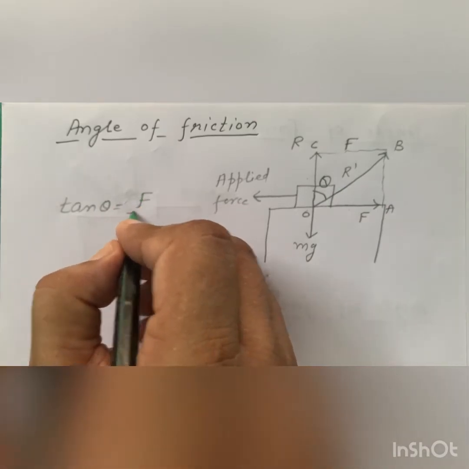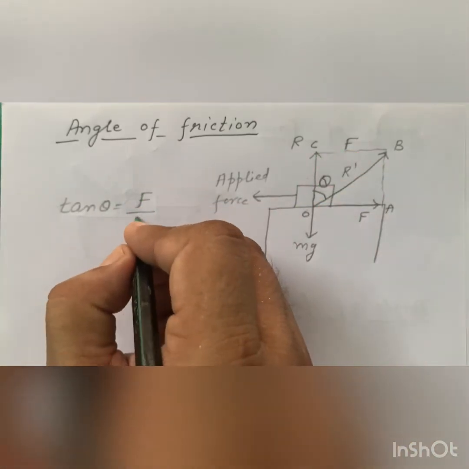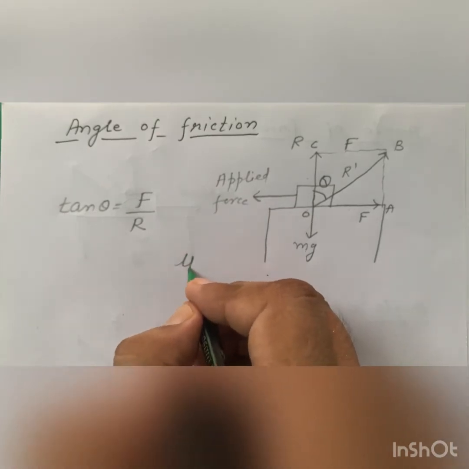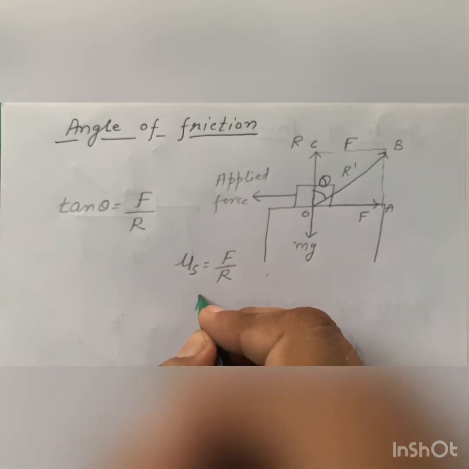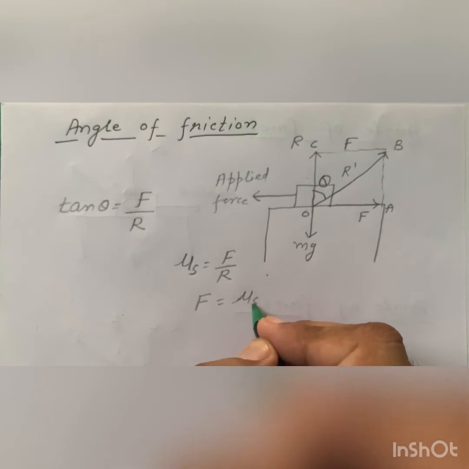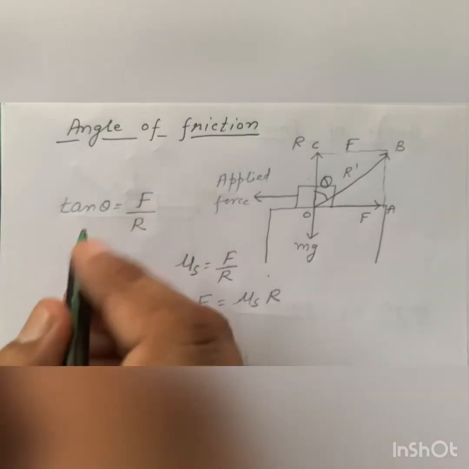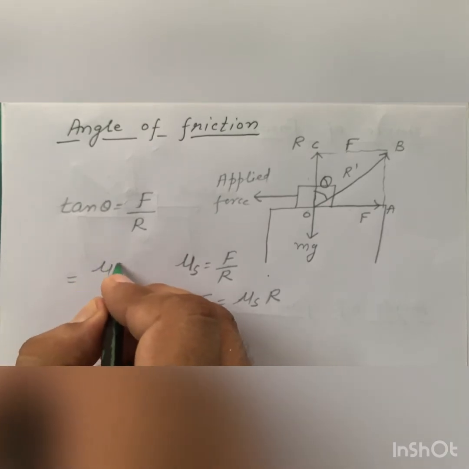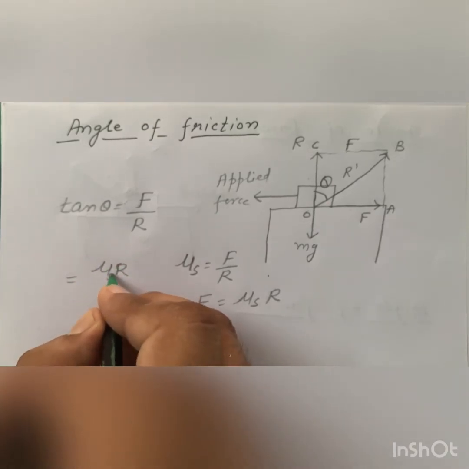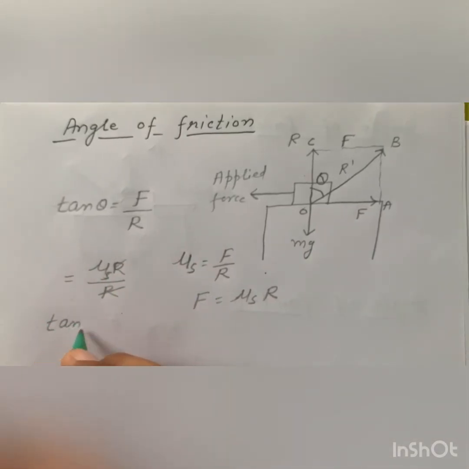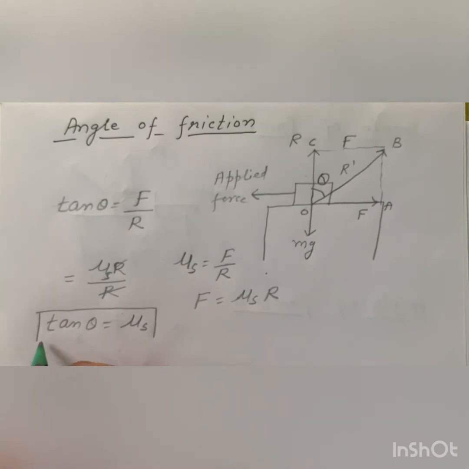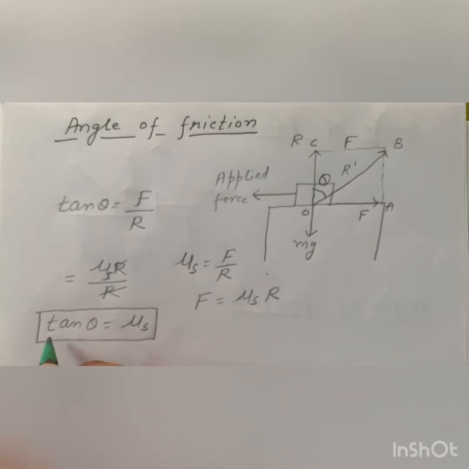Perpendicular is F and base is R. We know that coefficient of friction is F over R, or F is equal to mu S R. We put the value of F here, we get mu S R over R. R cancels, so tan theta equals mu S. So the coefficient of static friction is equal to the tangent of the angle of friction.